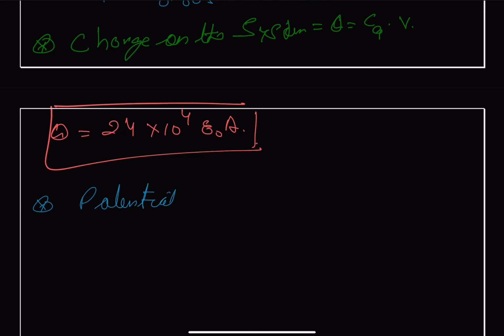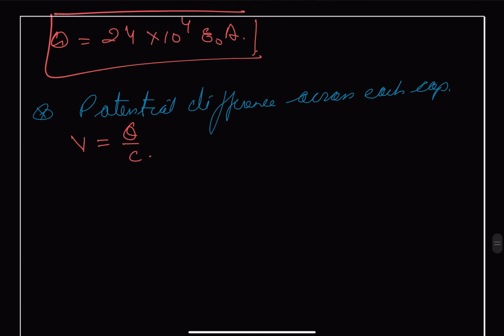Potential difference across each capacitor: because capacitors are connected in series, the charge will be the same. So we can say the potential difference across each capacitor, the general formula being V is equal to Q upon C. For C1, we can write that V1 will be equal to Q divided by C1.